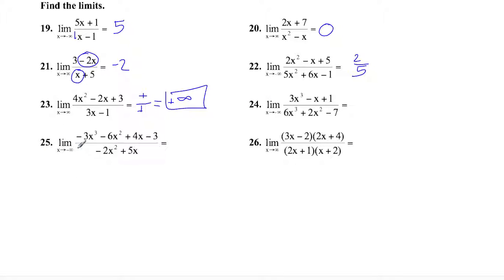But if I look at 25, this is the limit as x approaches negative infinity. And here, I know my answer again is going to be positive infinity or negative infinity. So I look at what the numerator and denominator are going to be. If I have a really large negative value and I cube it, it's still going to be negative. However, if I multiply that by a -3, that will then be positive.